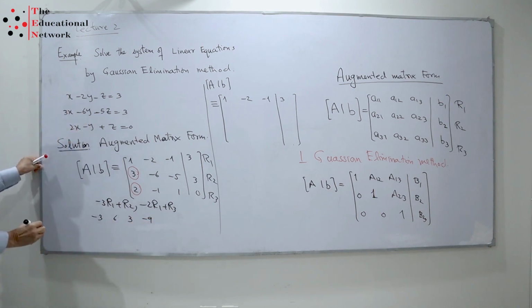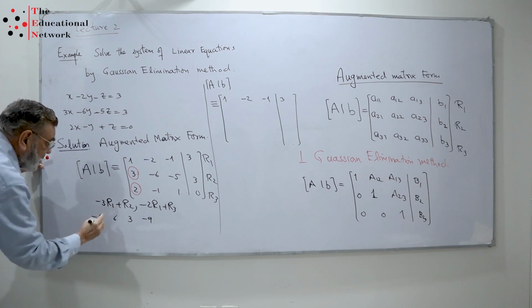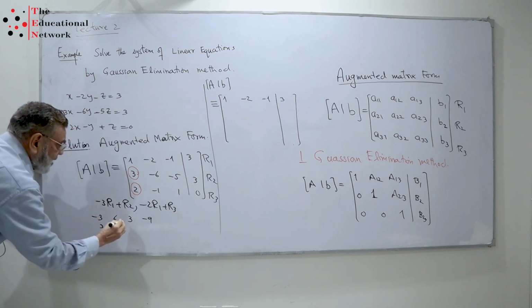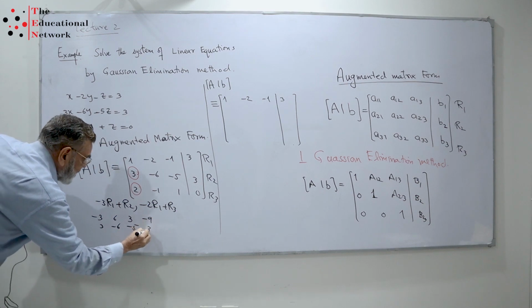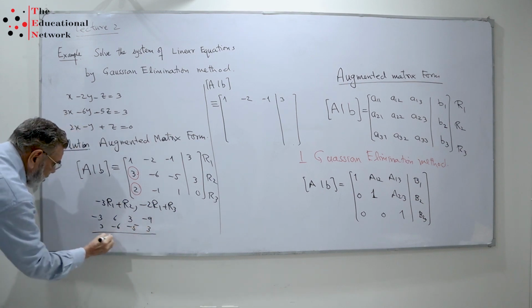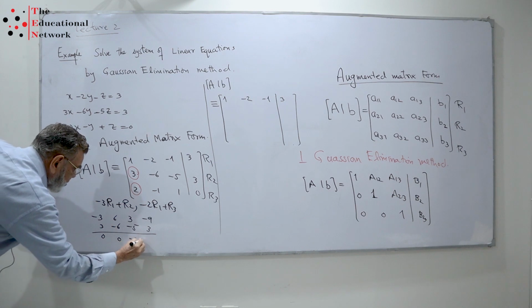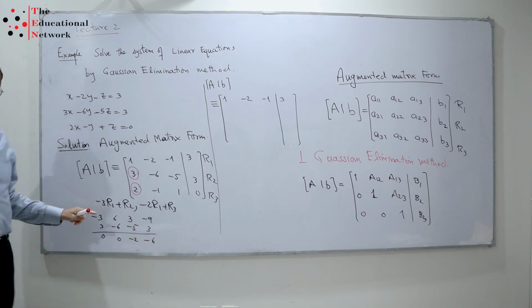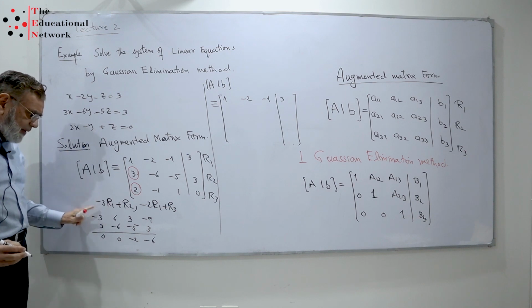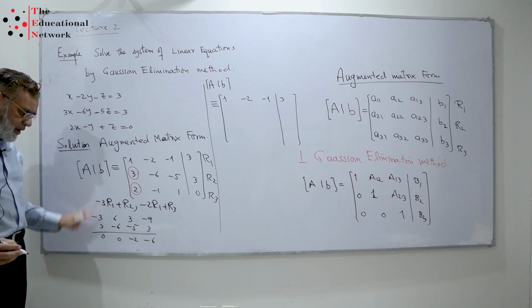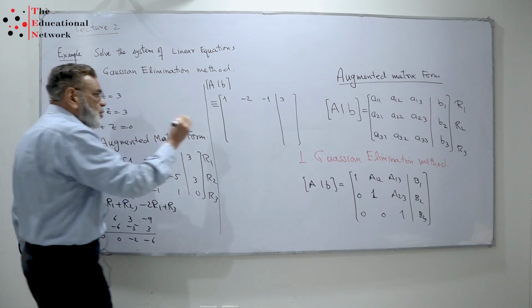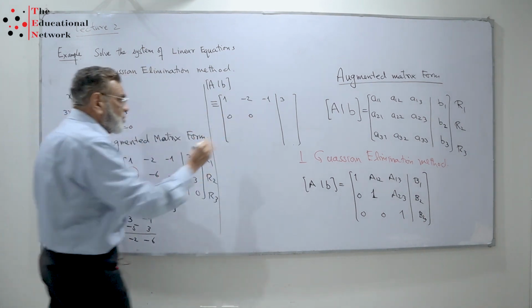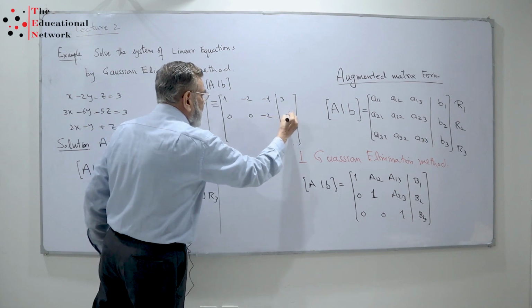Then my row 2 is 3, minus 6, minus 5, 3. I add them and get 0, 0, minus 2, minus 6. I would like you to always make this row operation separately, so you can control it and avoid mistakes. So the new second row is 0, 0, minus 2, and minus 6.